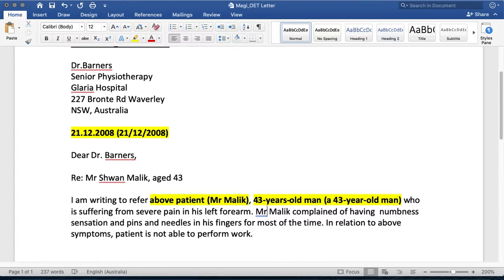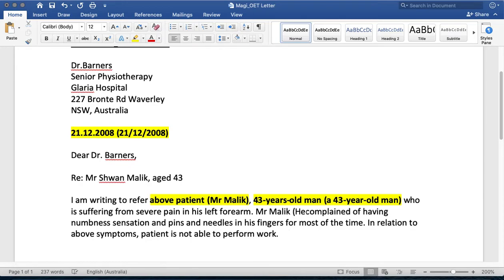Let's go through this next sentence. Mr. Malik complained of having numbness and sensation and pins and needles in his fingers for most of the time. Well, in this case, we have already mentioned the name of the patient. So in every paragraph, we need to mention the name of the patient only once. And we can use the personal pronoun after that.